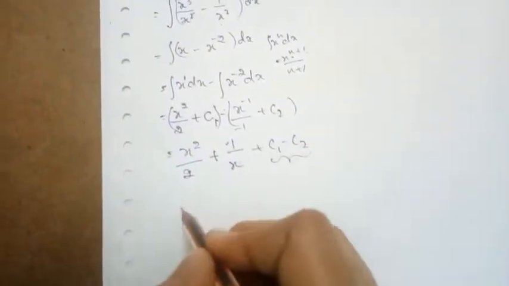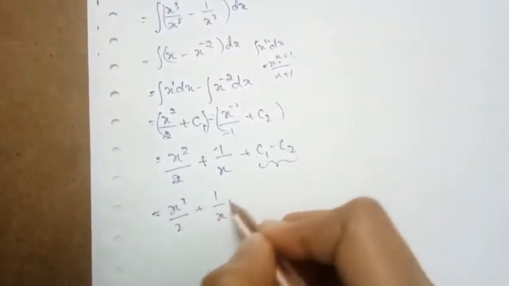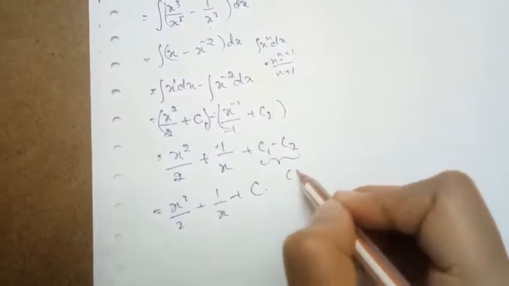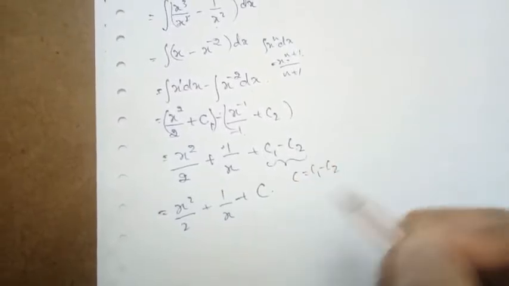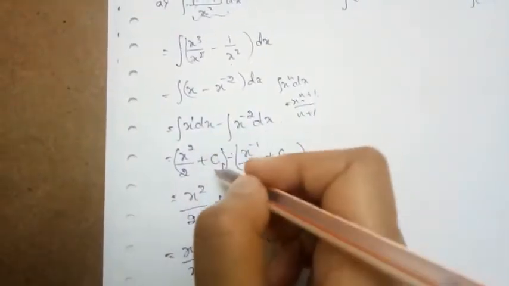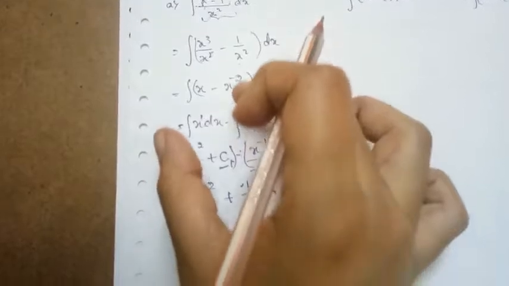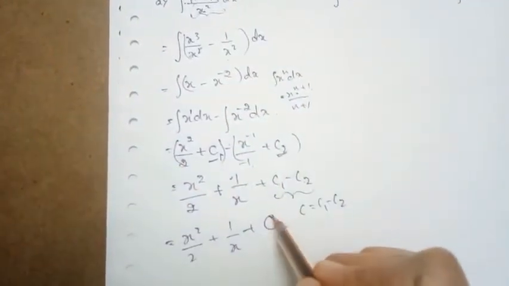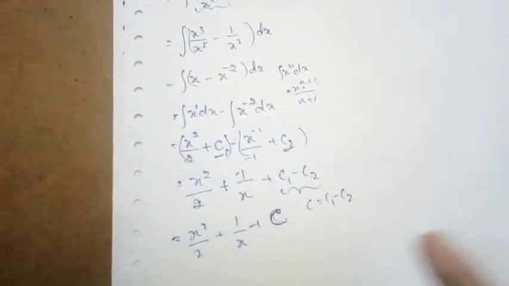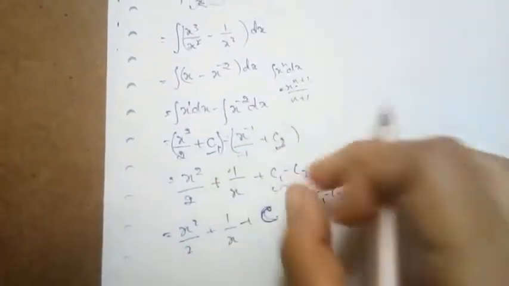I am calling this x square by 2 plus 1 by x plus c, where c is nothing but c1 minus c2. So when doing a problem like this, there is no need to write the constant for every integral. After getting the final answer, at the last you can write one single c. That single c itself represents whatever constants you needed to write in each of the integrals.